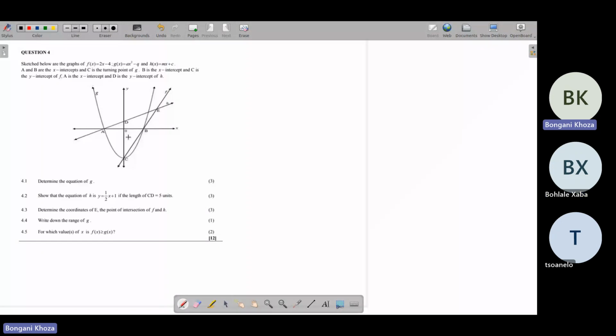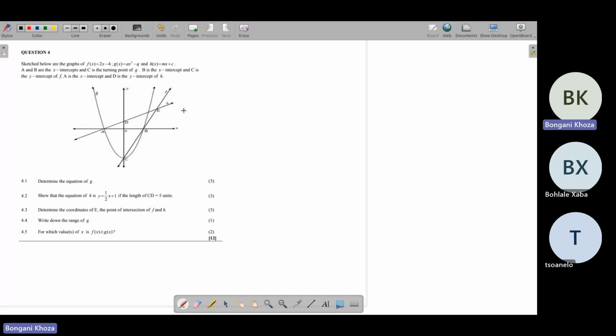Okay. So here we are given a question. We are told that sketched below are the graphs of f at x, which is given as 2x minus 4, and g at x, which is given as a x squared minus q. And then we're also given h at x, which is given as mx plus c.